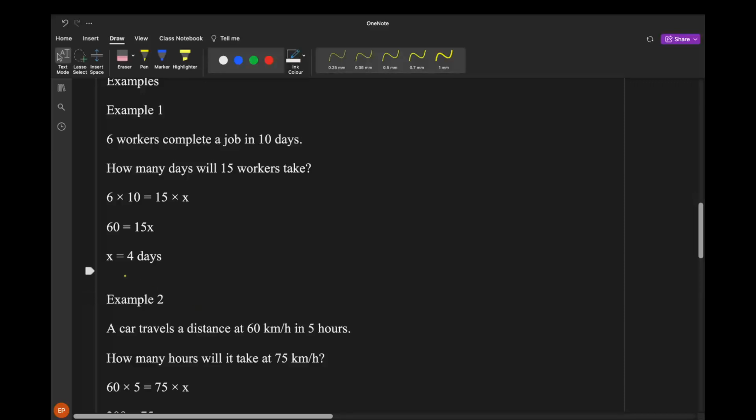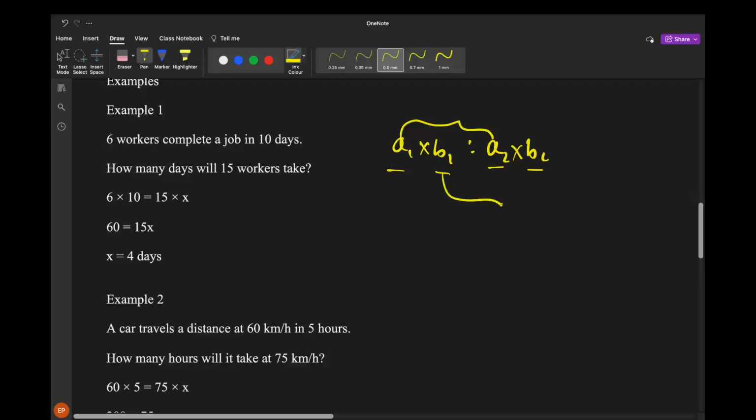Let me explain with an example. A1 and A2 both belong to the same kind. If A1 is workers, A2 is also workers. If B1 is time, then B2 must be time. These two are the same kind, and these two are the same kind.